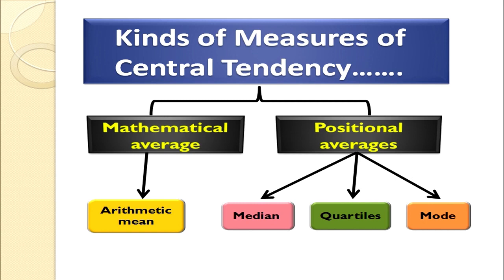In mathematical average, we compute the arithmetic mean. On the other hand, when we discuss positional averages, we calculate median, quartiles and mode. So, students, today our class will focus on arithmetic mean.